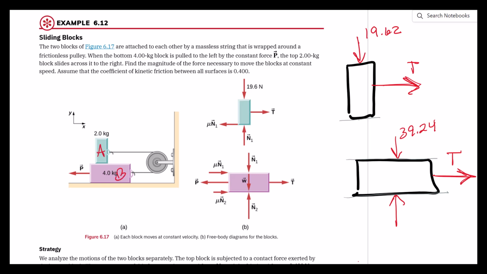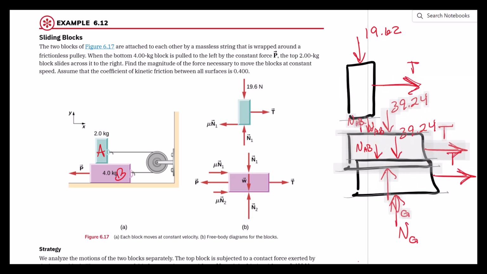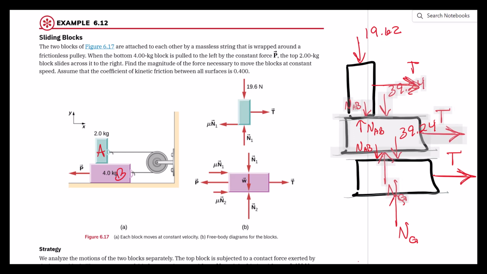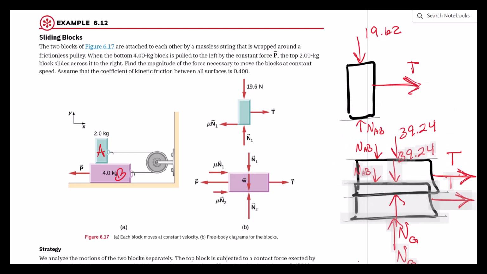There's a normal to the ground, and then this one has a normal between A and B, which is the equal and opposite reaction force. If I took these two and combined them, that normal force would go away, but the two weights, the two tensions, and the normal force on the ground would still be there.